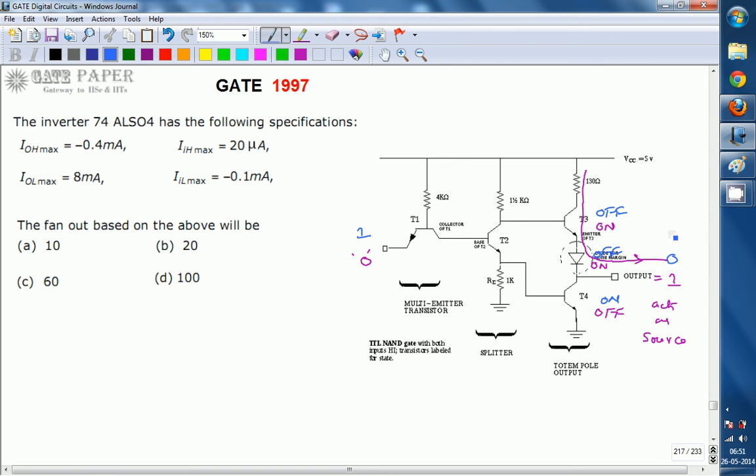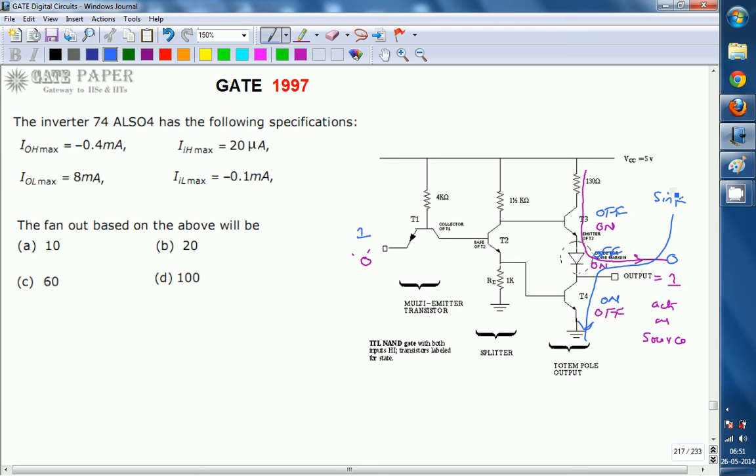Output at 0 implies it can sink current into the ground. So during this condition the output node acts as a sink, and it can sink the current supplied by the load transistors.